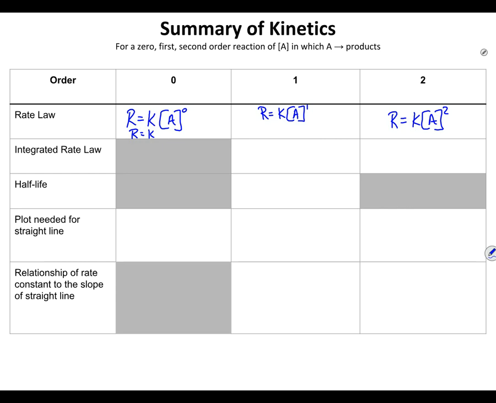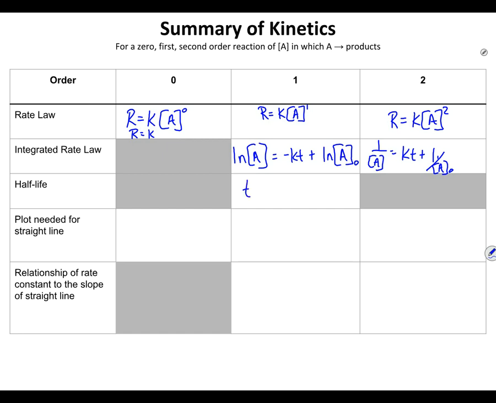Then we have our integrated rate laws. We can use these right off of the ones on the reference tables. For first order, it's natural log of A equals negative KT plus the natural log of the initial concentration of A. For second order, it is 1 over the concentration of A equals KT plus 1 over the initial concentration of my reactant.